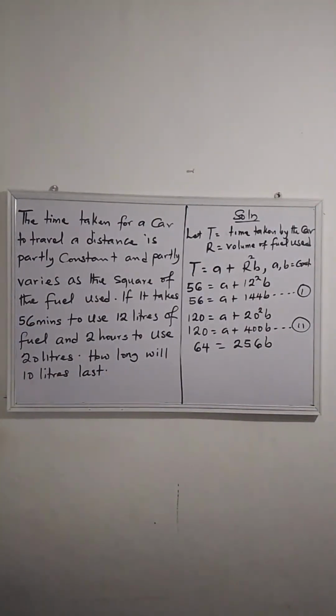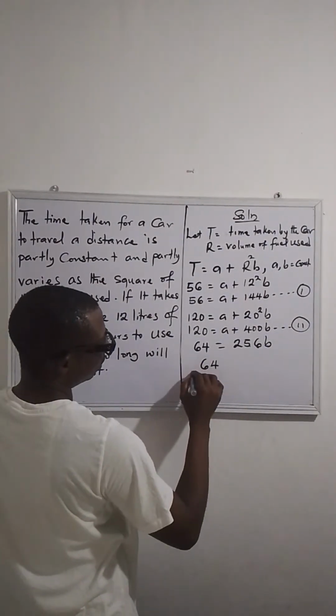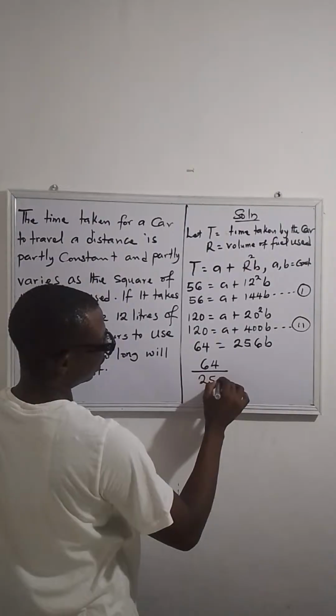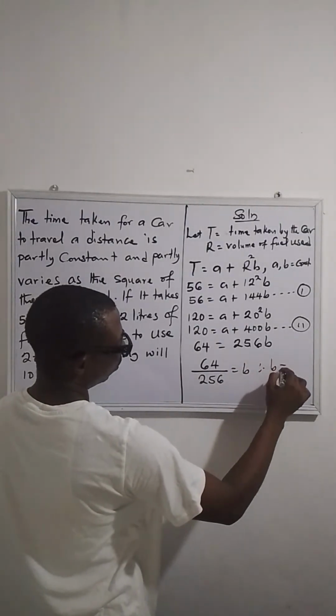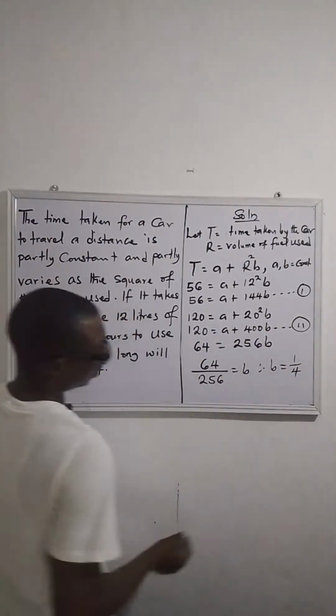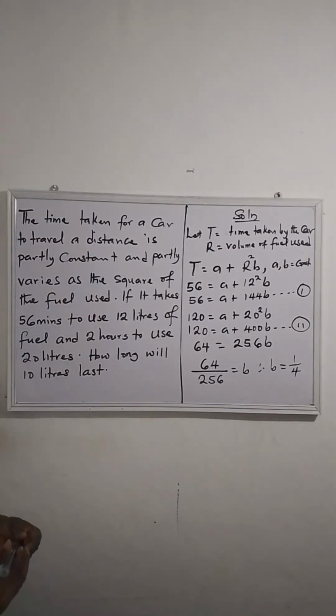Now we divide both sides by the coefficient of B. So 64 divided by 256 equals B. Therefore, B equals 1/4. So that is B.